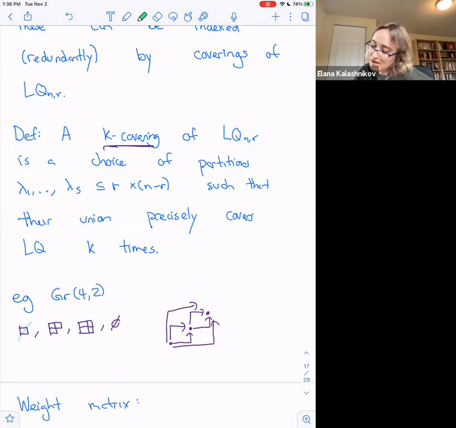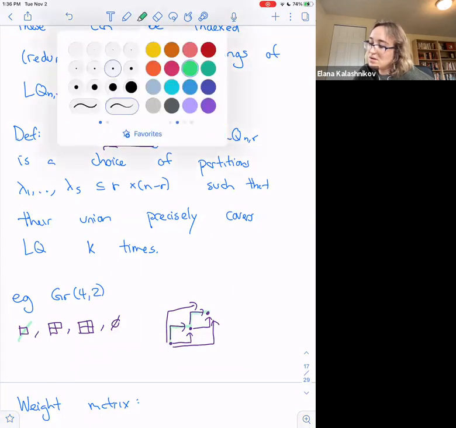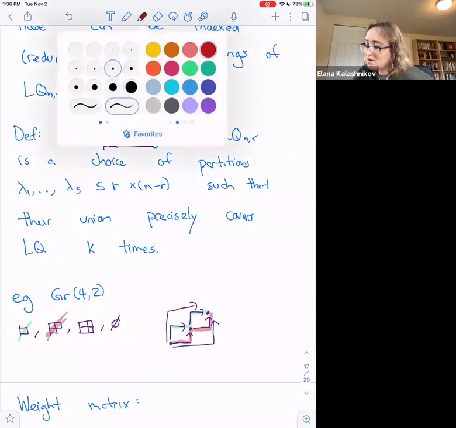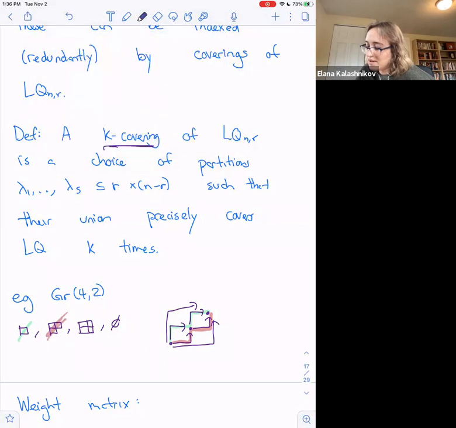So if we take this box one, it gives you this path here. If you take 2 1, it gives you this one here. If you take 2 2, it's going to give you the last one.